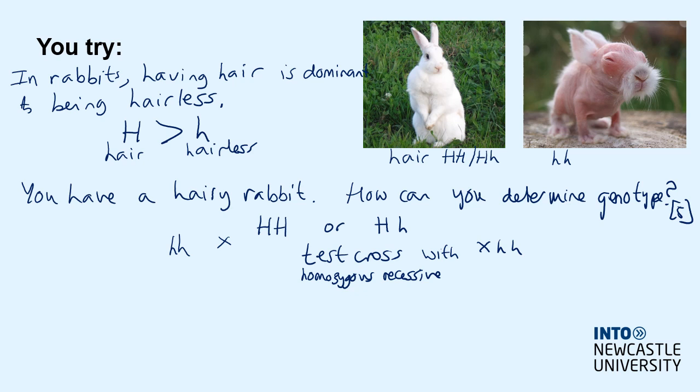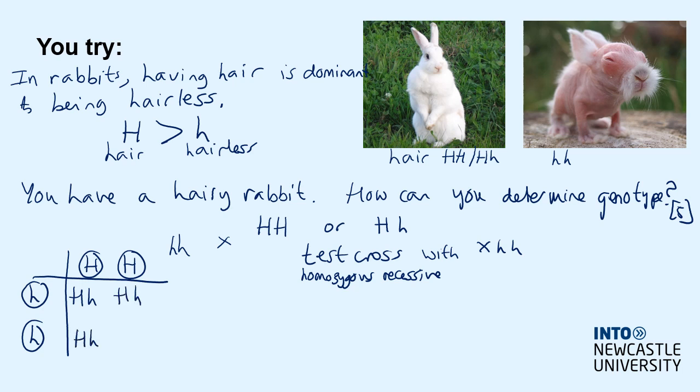Remember we do our Punnett square nicely. If you are homozygous dominant, this is the cross you should have written out. And what we'll find in this case is they've all got the big H, so the offspring would be 100% hairy rabbits.